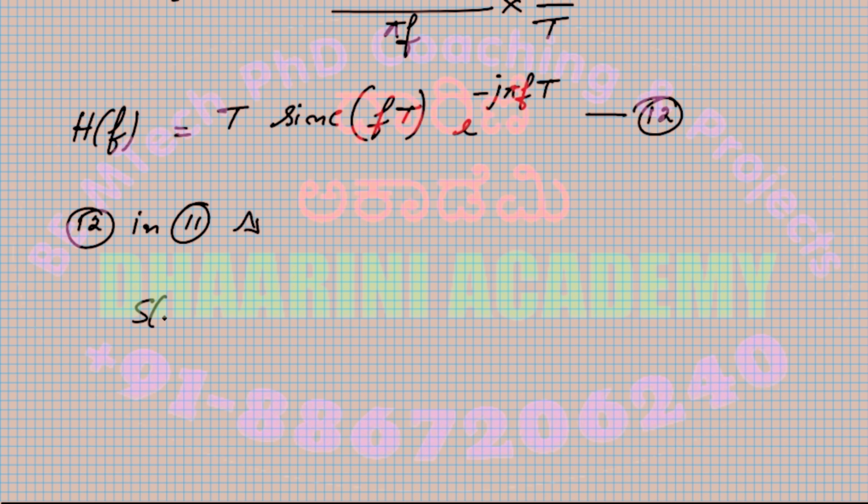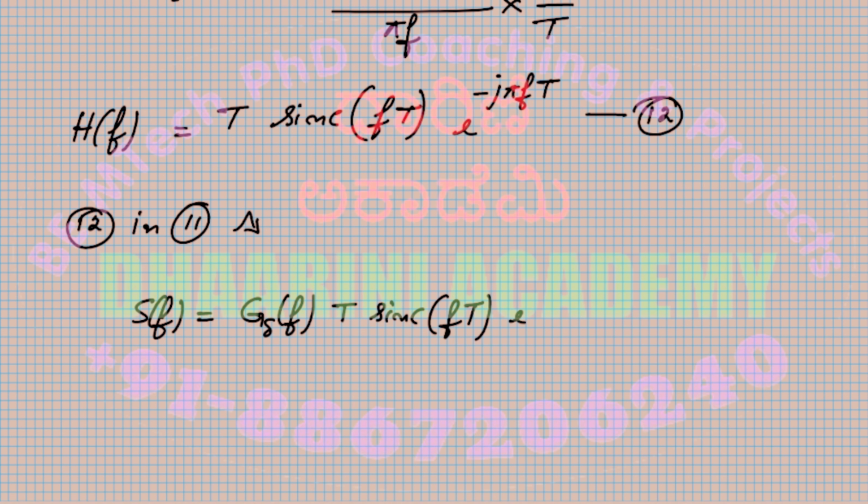This implies S of f is equal to, I can see that there is a g delta of f into this function, that is T times sinc of f into capital T into e to the power minus j pi fT.